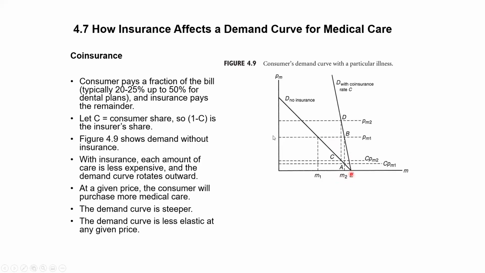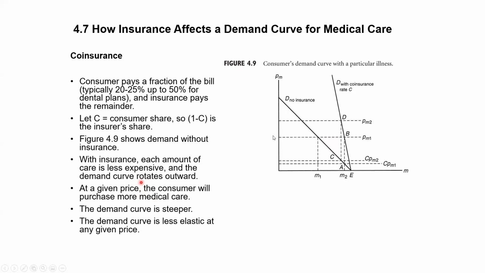When PM equals 0, your C times PM also equals 0. So the quantities consumed are the same at zero market price with or without insurance. Thus, at least as a first approximation, a co-insurance type plan must go through the same quantity axis intercept as the uninsured demand curve.